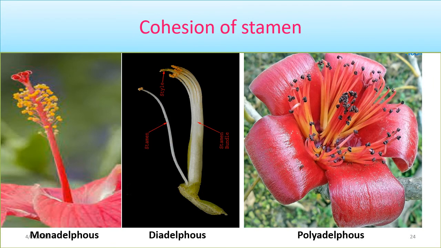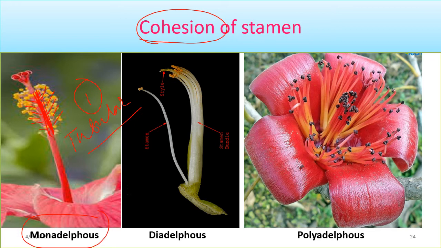So see, the first characteristic is cohesion, meaning same to same, androecium to androecium. Now, if you look in this figure, all these are stamens and they are attached on a common axis. They are forming one tubular structure, and the number of tubes is only one, and hence this is called monadelphous.